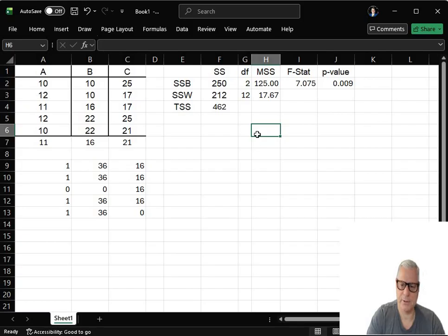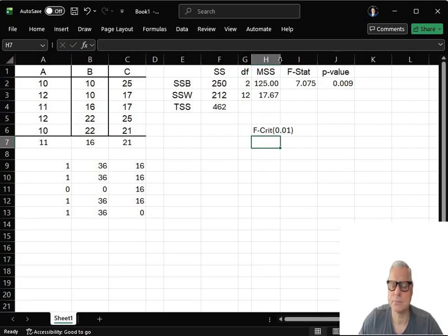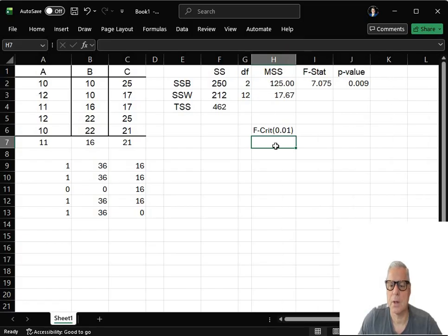Let's call that F critical 1%, 0.01, and F critical 0.05.